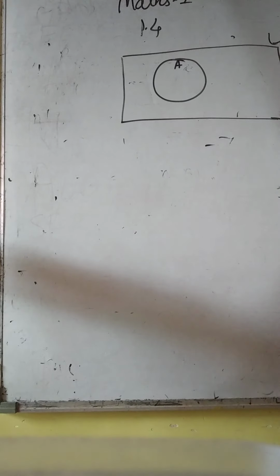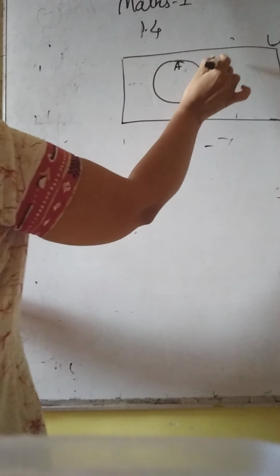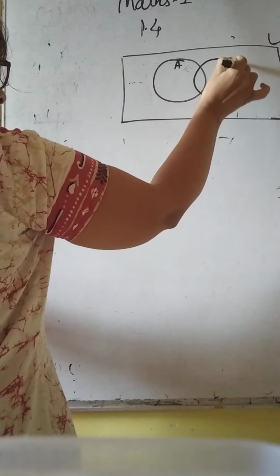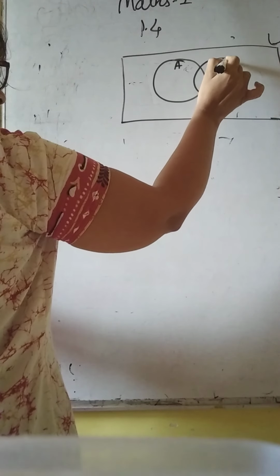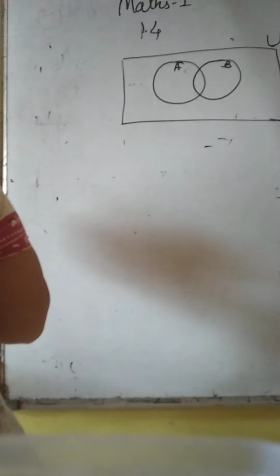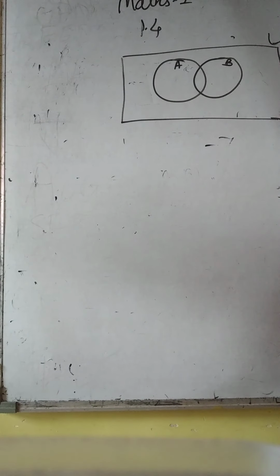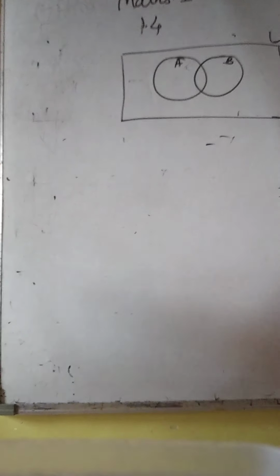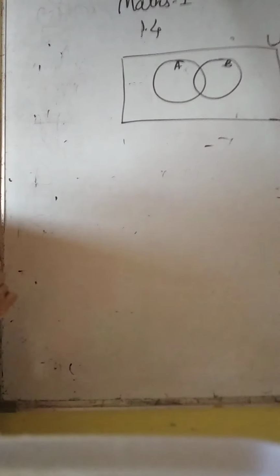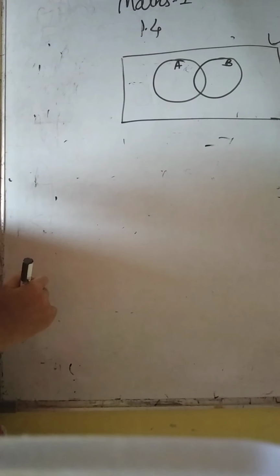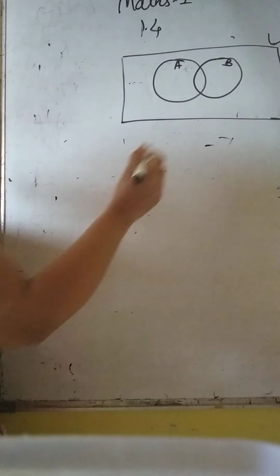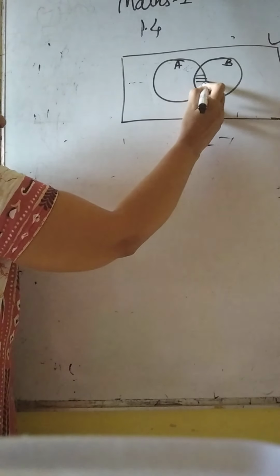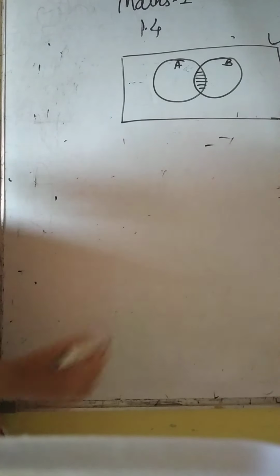And 60 students drink coffee. So I am having some set B, which is the set of the students who are drinking coffee. Now 20 students drink tea and coffee both. Both वाले कहाँ पे आएंगे? Where should I show that both part? Here, in this shaded part.